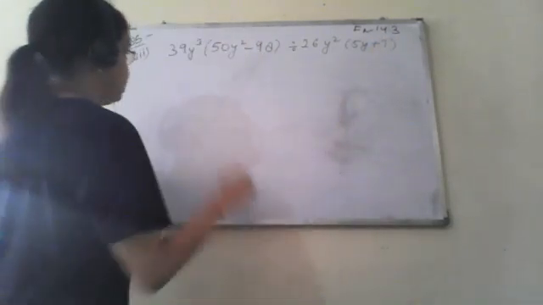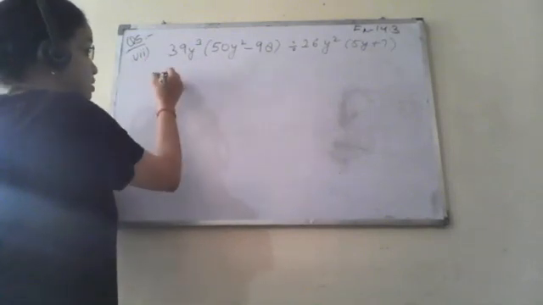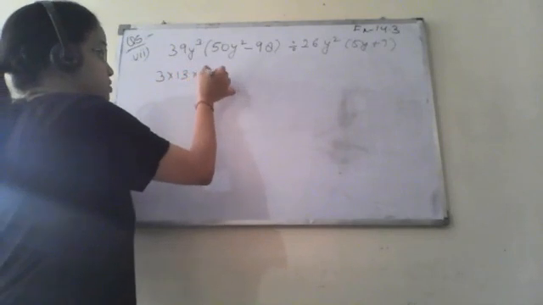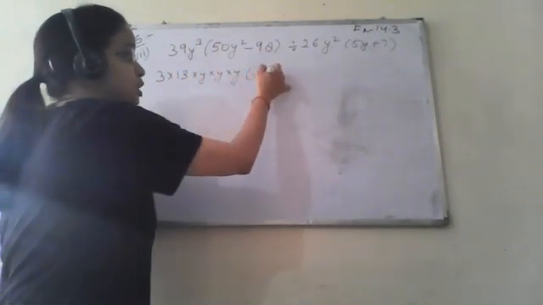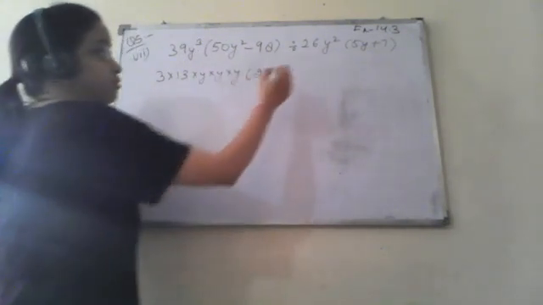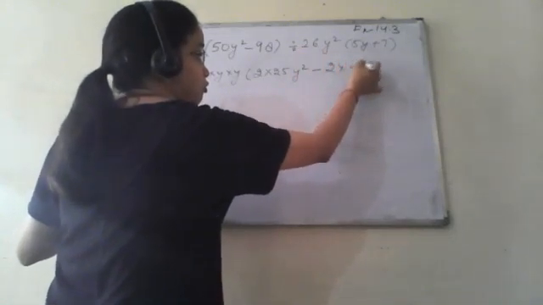Clear? Now this 39 can be written as 3 into 13. This y cube is y into y into y. And this 50 can be written as 2 into 25. This is y square. This 98 is written as 2 into 49.